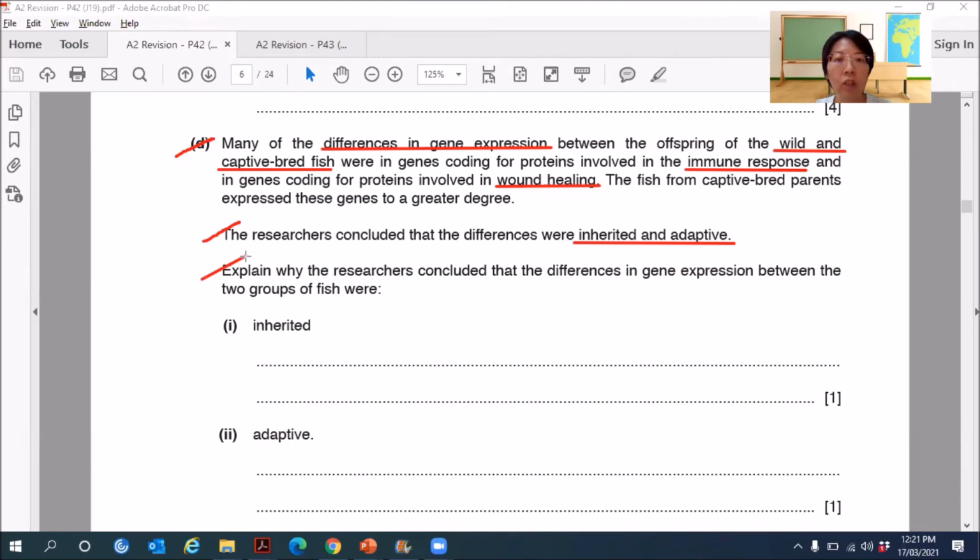Explain why the researcher concluded that the differences in gene expression between the two groups of fish were inherited. So why are the differences between the two groups of fish said to be inherited? Basically, they're asking you, why is it that the captive bred fish's improvement in immune response and wound healing is inherited?